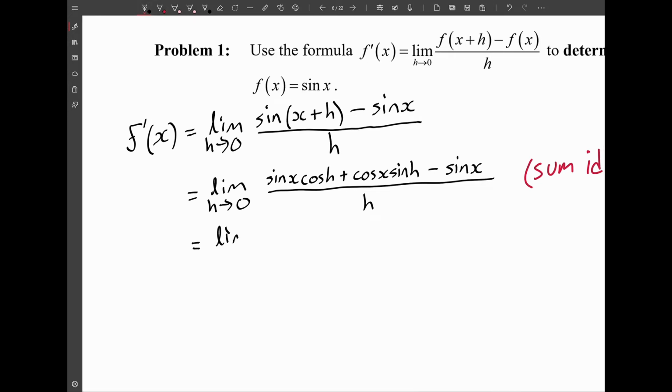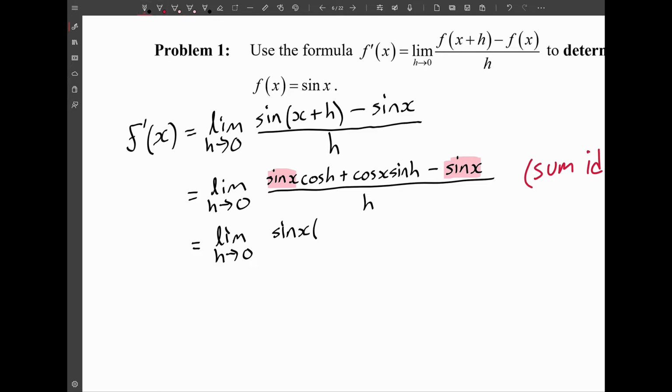All right, and we continue on here. What I can do now is factor a sine x out of two of those terms. So I'm going to factor sine x out of the first term and the last term. So you see we have sine x there and we have sine x here.